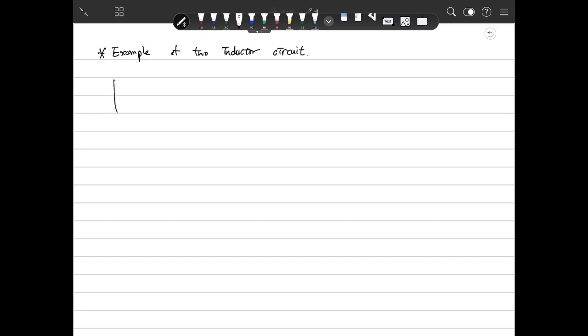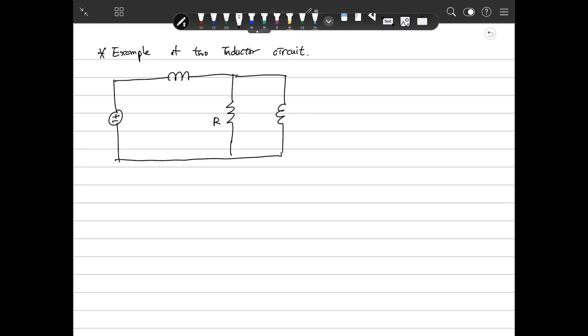Okay, this is the voltage source here, and there's an inductor and resistor here, and there will be an inductor here. We define this as R, and that is L1, and this is L2, and this is the Vs.